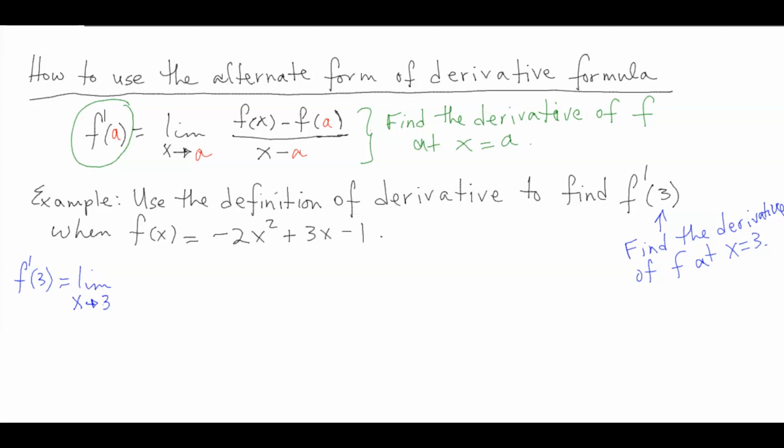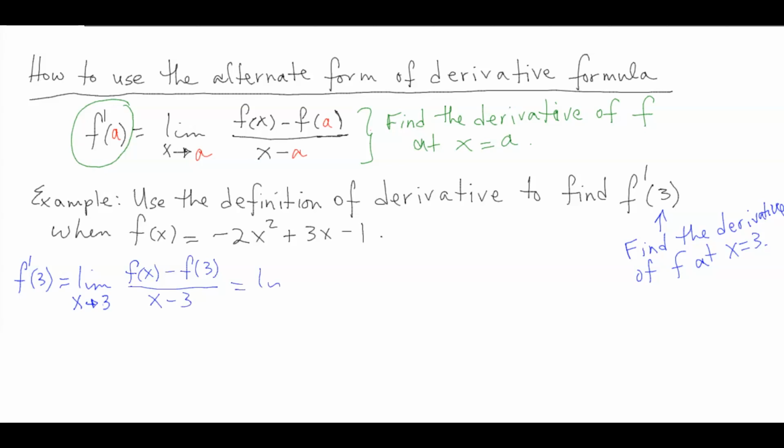So the limit as x approaches 3 of f of x minus f of 3 over x minus 3. Well, f of x is just the original function.